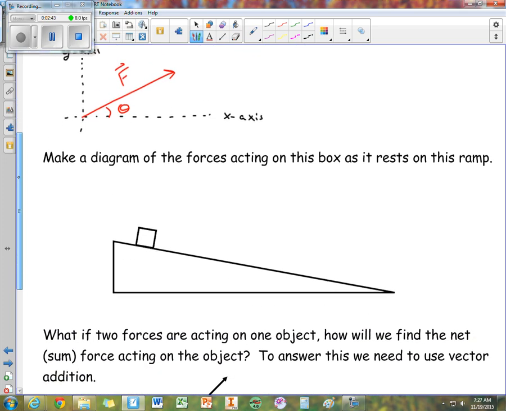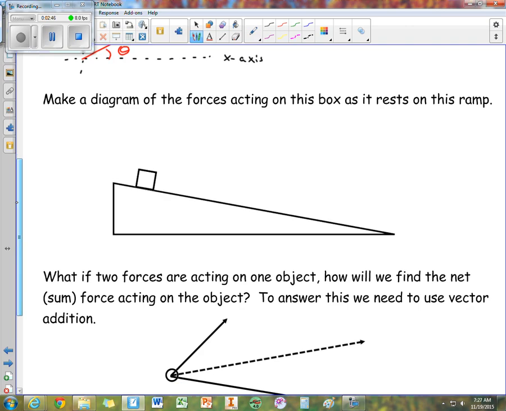Now, we want to be able to make a diagram of forces acting on something. So this is a classic example. We've got a box sitting on a ramp. And I'm going to begin by making a force diagram.